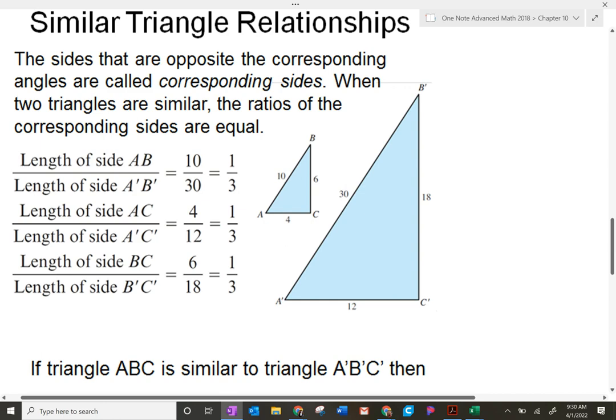So my longest side divided by my other longest side, so 10 divided by 30 simplifies down to 1/3. My medium size, that'd be the 6 and the 18. Then my smallest and my smallest. Again, just comparing the longest sides from each triangle, the middle length from each triangle, and then the shortest length from each triangle. If it is all the exact same ratio, they are similar triangles.